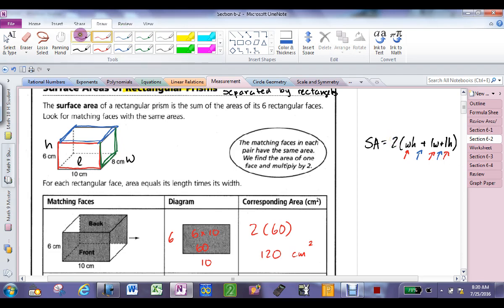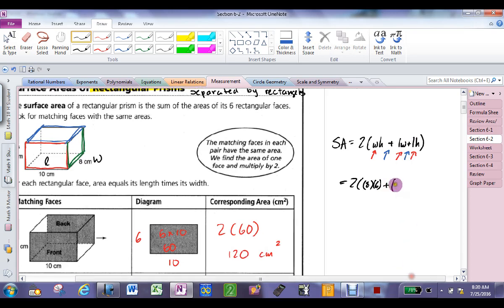What would this be to do it properly and guarantee you did it correctly? 2, first you would do WH. What is W? 8. What is H? 6. Plus, what is L? 10. What is W? 8.